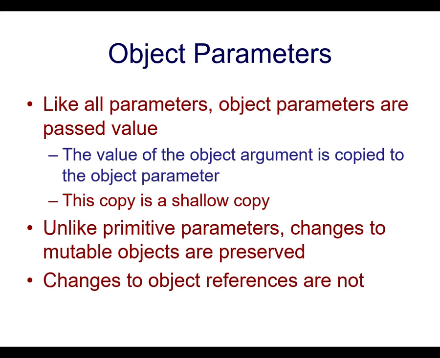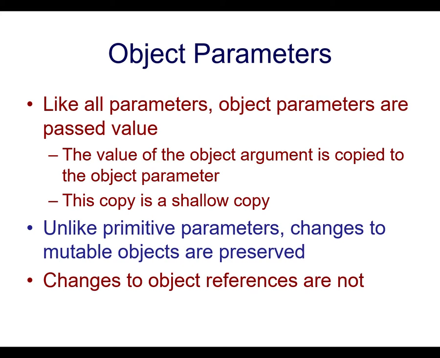In the case of an object parameter, the reference is copied. The object reference argument is copied to the object reference parameter. By contrast, with a primitive parameter, the value of the argument is copied to the parameter. So with object parameters, the copy that is performed is a shallow copy.